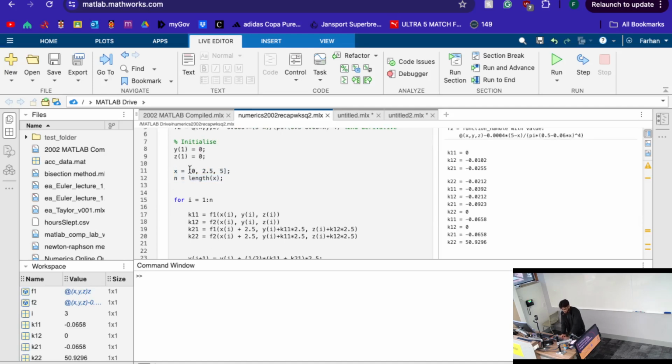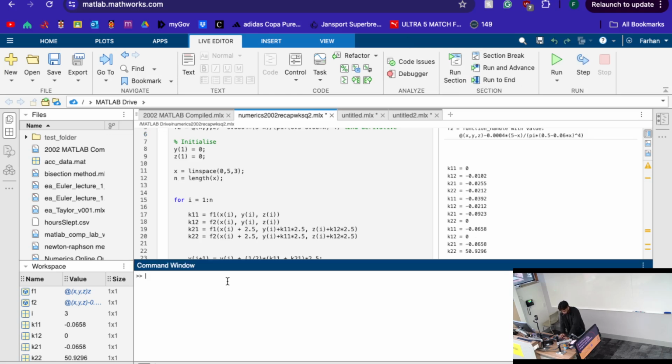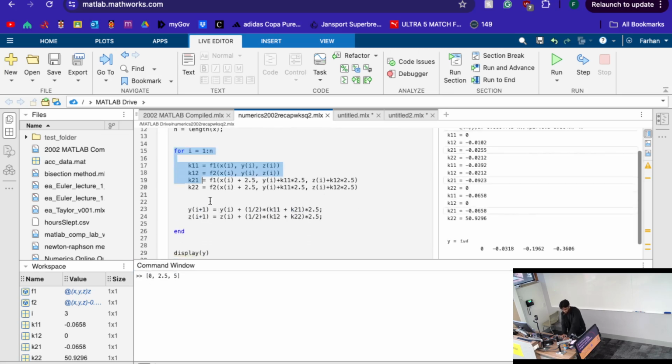The other way you can do it is linspace from 0 to 5 with 3 point values, which will look something like this: 0, 2.5, 5. Then we're going to make a for loop.